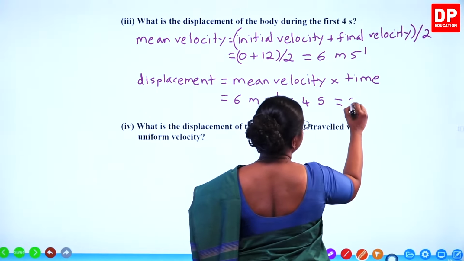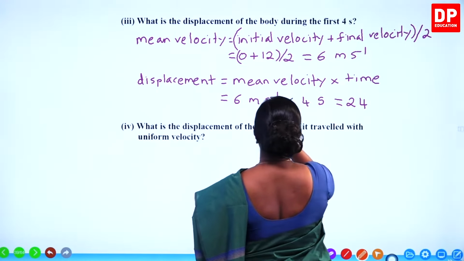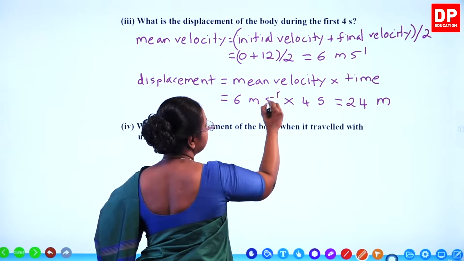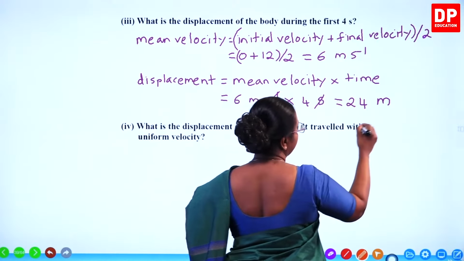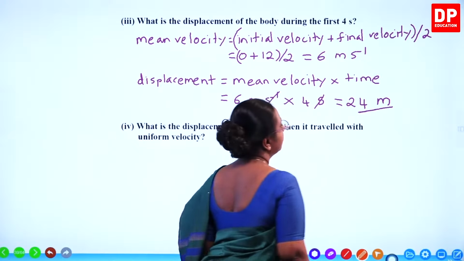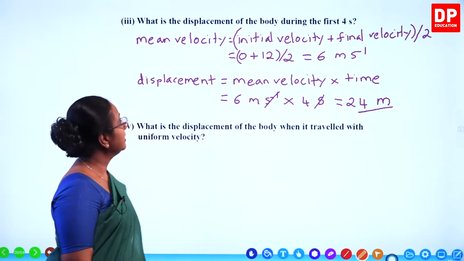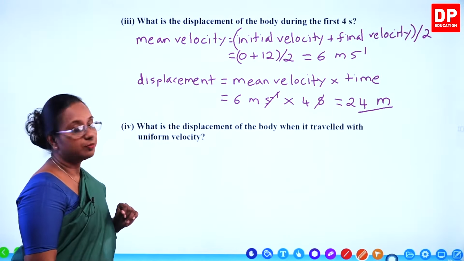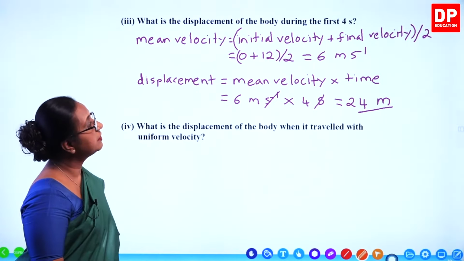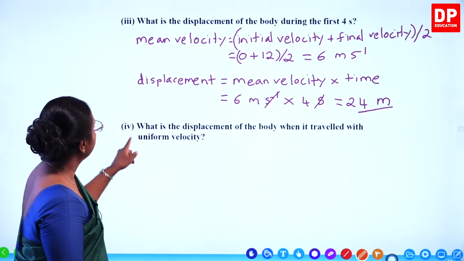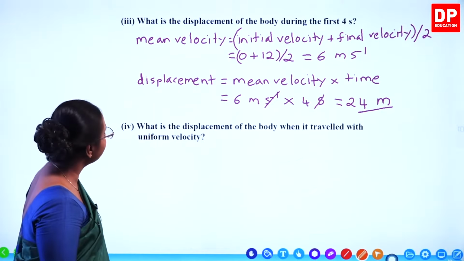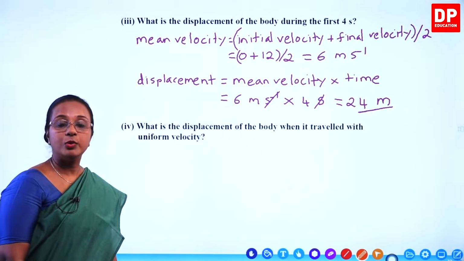So 6 into 4, 24 meter is there, but the second minus 1 and second will cancel off. So you end up with the value 24 meters. That is the displacement of the body with uniform acceleration during the first 4 seconds. Then what is the displacement of the body when it traveled with uniform velocity?